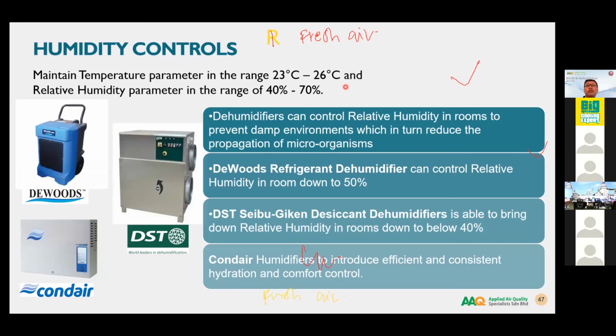Because the ACMV is only introducing 1000 CFM fresh air, which is only able to cater for maybe 50%. Example, I'm just guessing 50%. Okay, so 50%, but your total space available is able to fit in 100%.